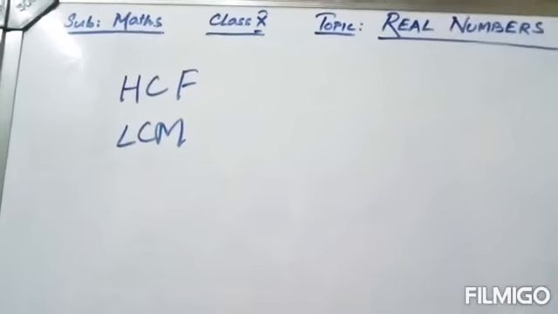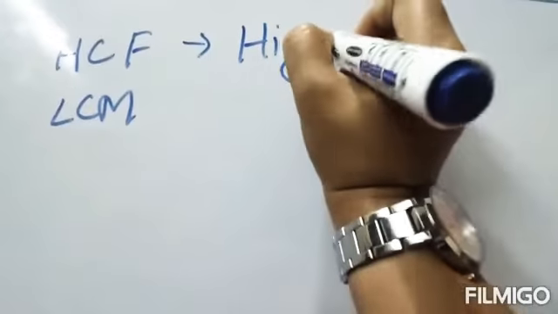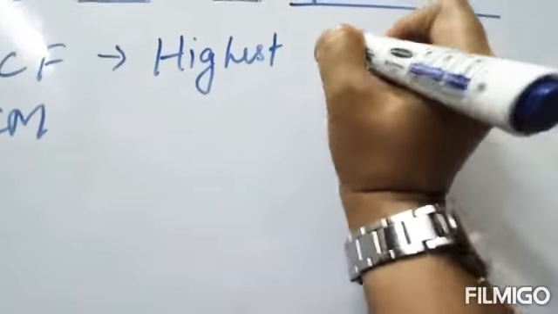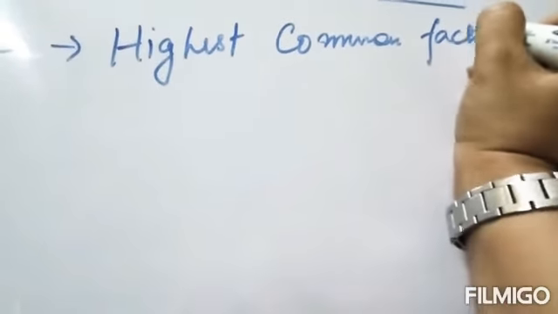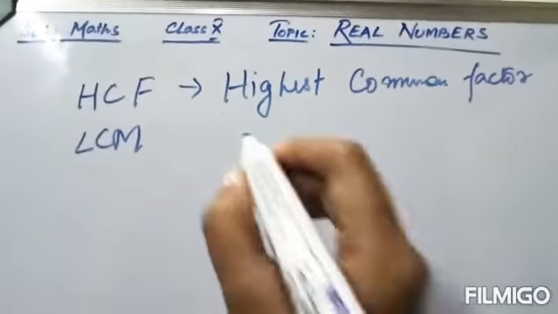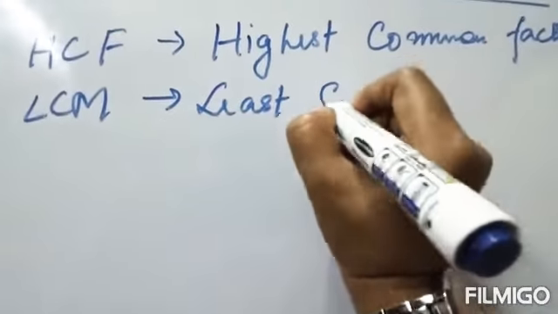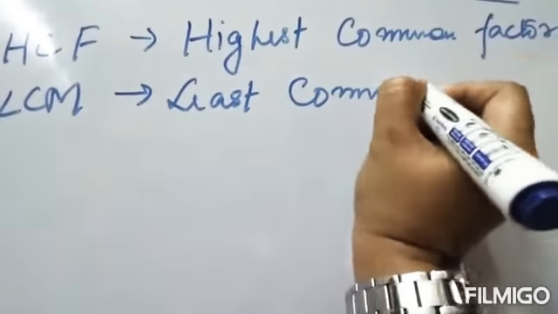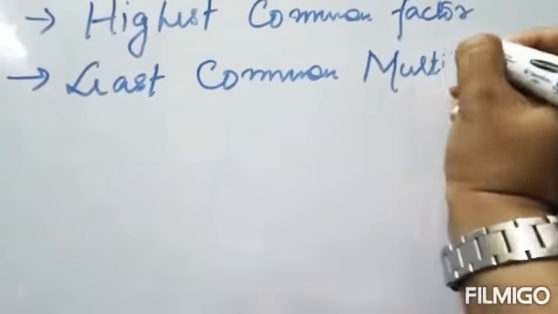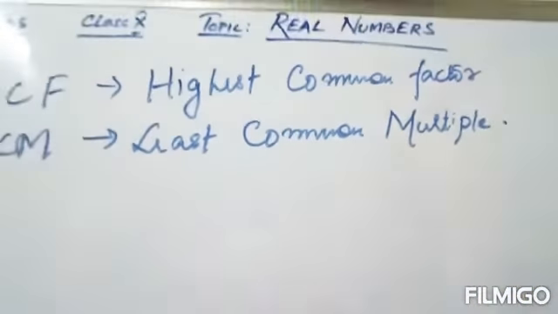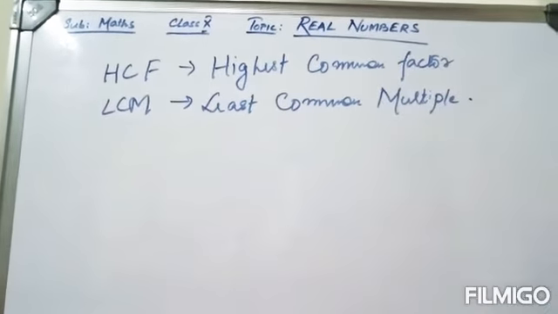HCF means highest common factor, and LCM means least common multiple. HCF is highest common factor and LCM is least common multiple.